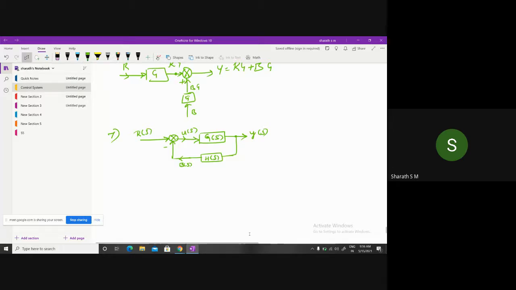Initially we have an input as R of S, and we have two blocks here, G of S as well as H of S. H of S is acting as a feedback with a negative symbol, so it is acting as a negative feedback path.